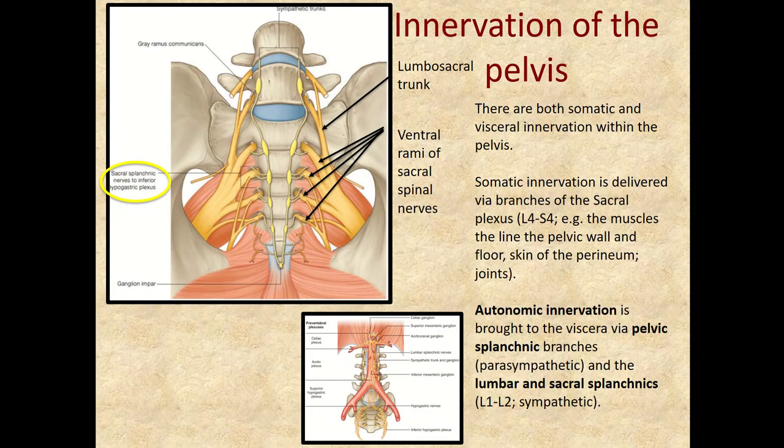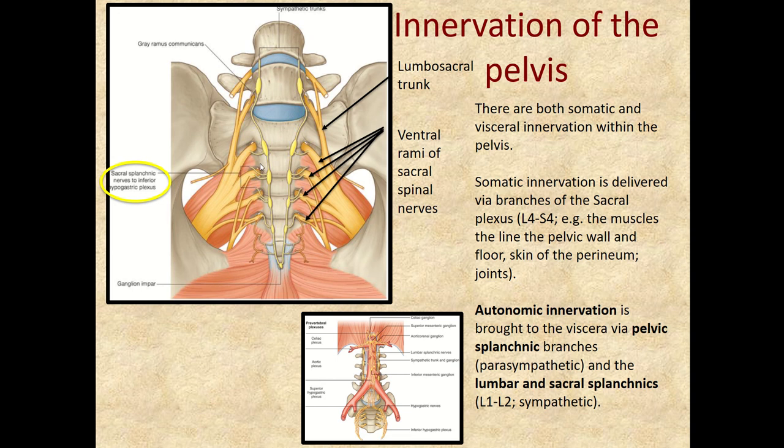We have pelvic splanchnic nerves that are going to bring parasympathetic innervation from S2 to S4, and that is going to allow parasympathetic innervation to reach this aspect of the pelvis and the descending colon.